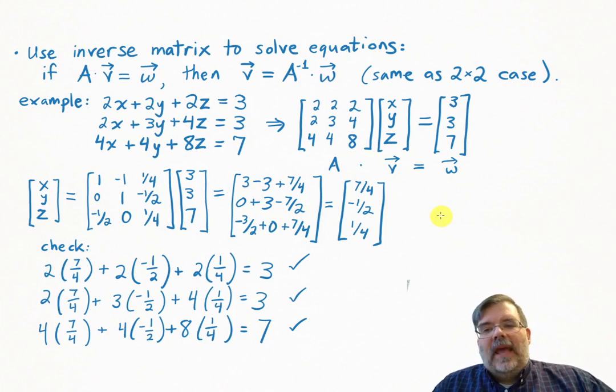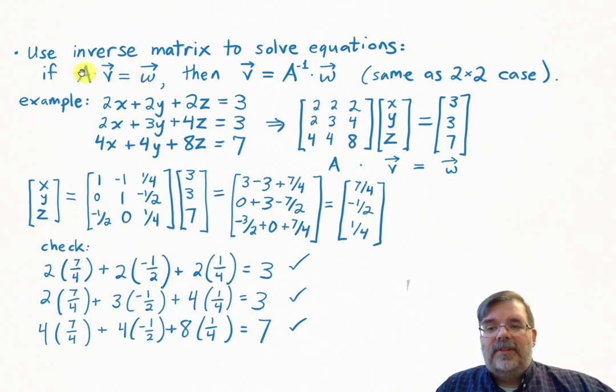Finally, once you have an inverse matrix, it's very straightforward to use it to solve equations. In fact, the steps are exactly the same as the 2x2 matrix case. If you have a matrix equation that looks like matrix A times vector V equals vector W, and V is your vector of variables, then you can multiply both sides of this equation by A inverse on the left.